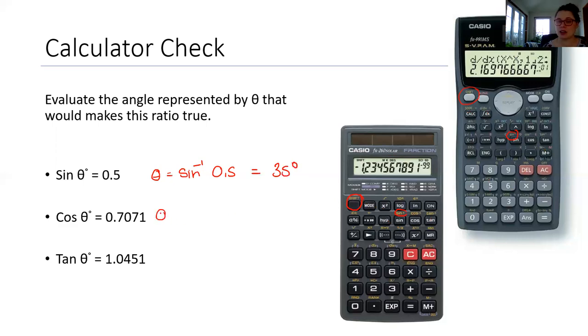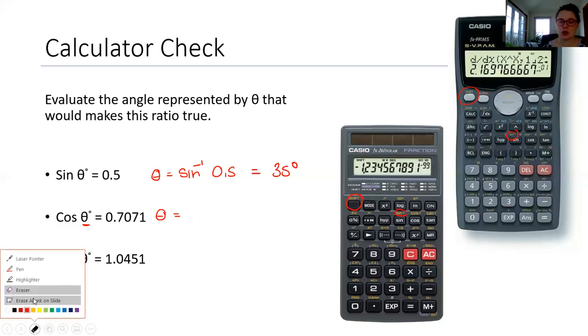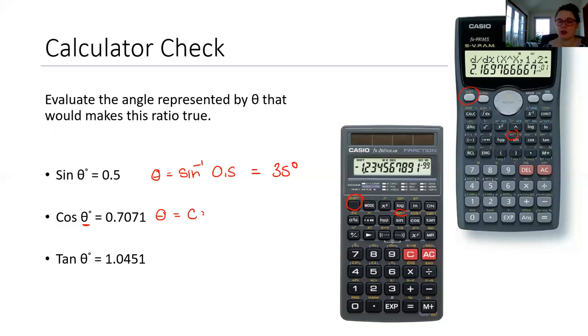Same thing with cosine. When we want to find out what the angle is, we often use theta. That's just a Greek letter to represent the angle. Some things are so intuitive to me, I forget to mention it. So theta is just our angle. So we're going to use inverse cos, so cos minus 1 of 0.7071, and that will give you 45 degrees.